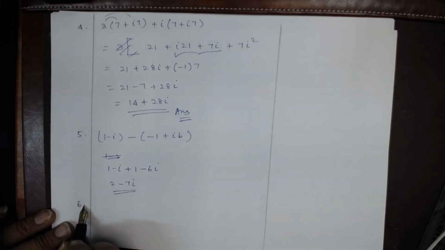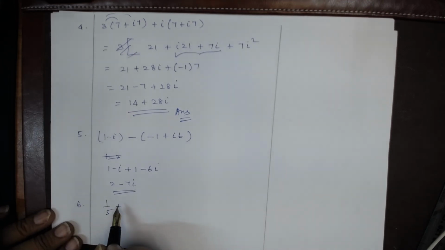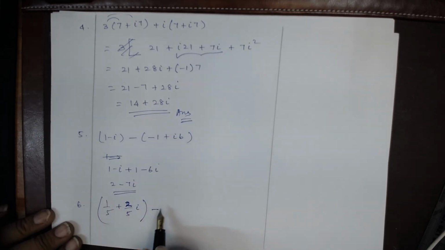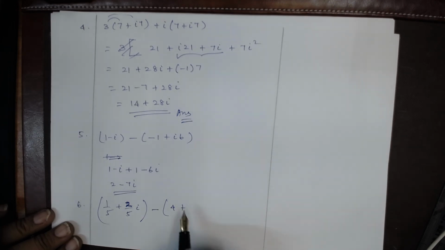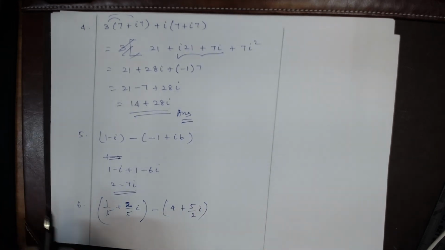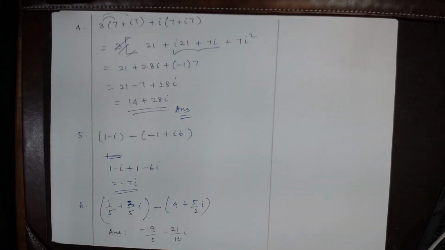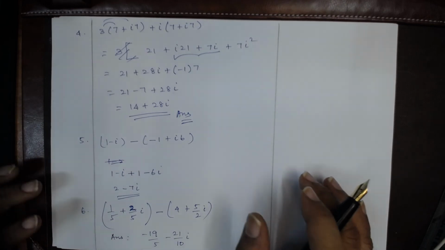Try this sum. 1 by 5 plus 2 by 5 i, minus 4 plus 5 by 2 into i. Try this. I have given the answer here. You can work out for yourself and verify the answer. Right. Next one.